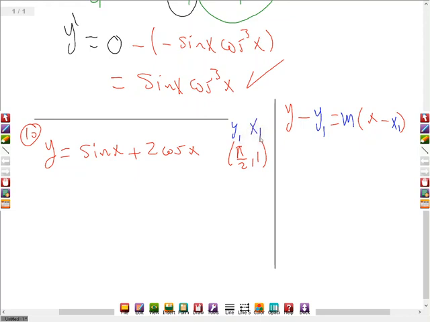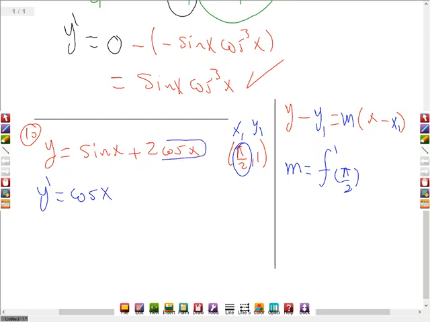The slope is the derivative of the function, f prime of x, at this x1 and y1, which is at x1 equals pi over 2. Let us find our derivative. y prime: derivative of sine is cosine x.